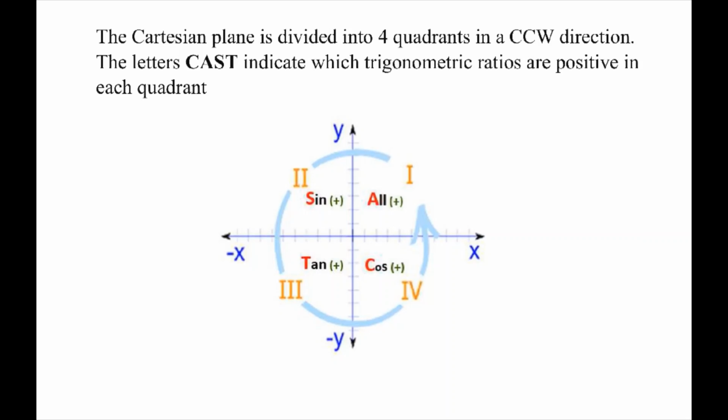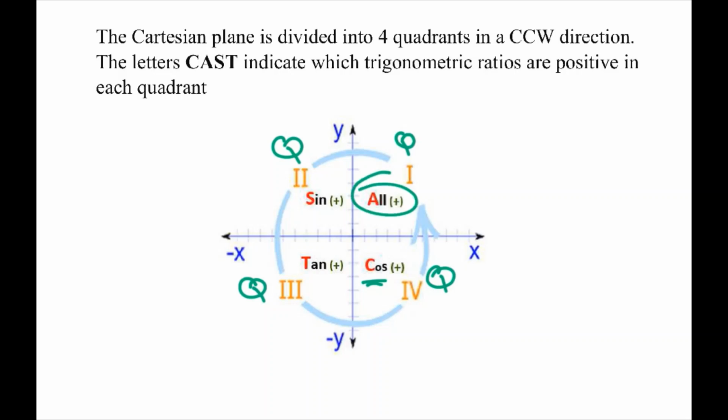Now, in the Cartesian plane, we have 4 quadrants. So that's quadrant 1, quadrant 2, quadrant 3, and quadrant 4. And when it comes to the quadrants, the trig ratios have signs here. So we use CAST. We start from the quadrant 4, and some people will say ASTC rule by starting from 1.